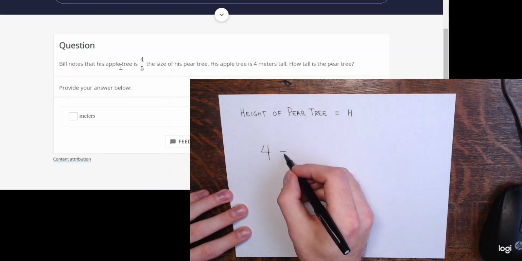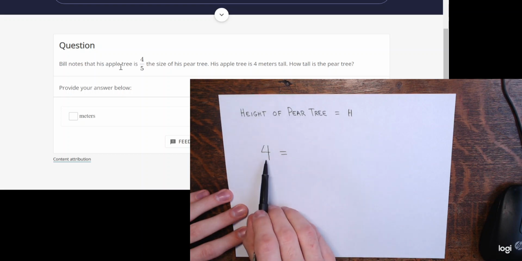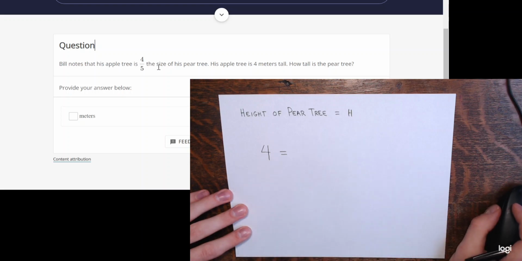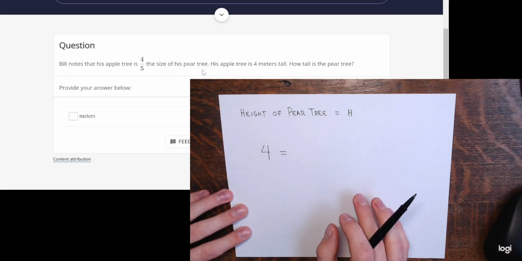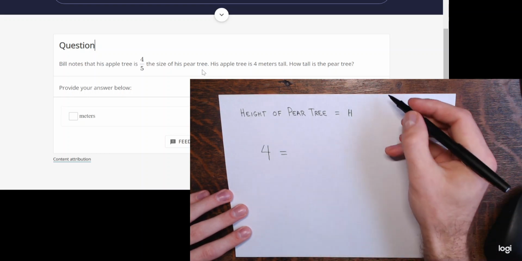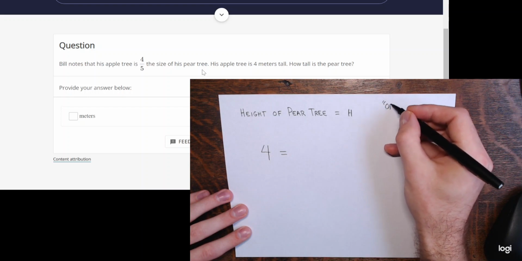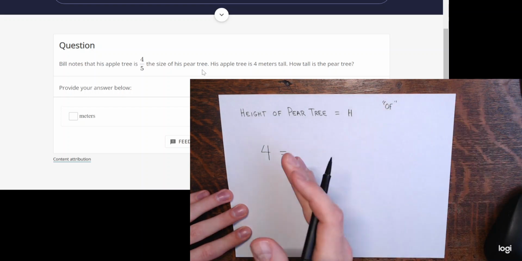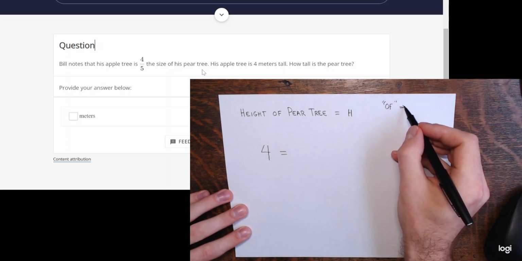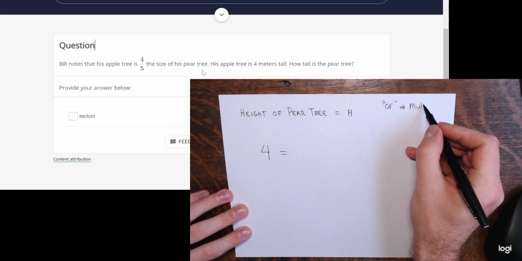The apple tree's height equals, and then the other side of that is 4/5 the size of his pear tree, right? The height of the pear tree. Now 4/5 of, usually the word of will imply multiplication when you say it's a fraction of something, a percentage of something.